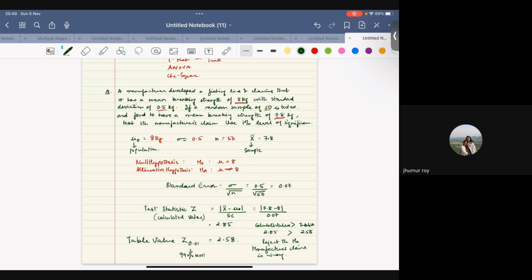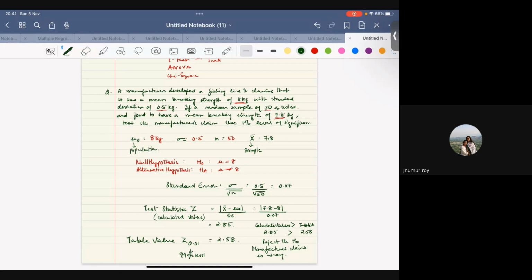Yes, tell me, Munir. I need more clarification on the table value. See, table value, you just need to remember these two table values. They are fixed values. For everything in hypothesis testing, just go to your statistical notes, the books which you've got from IGNOU also.